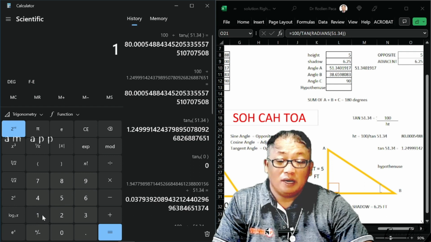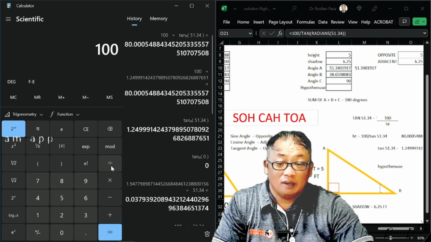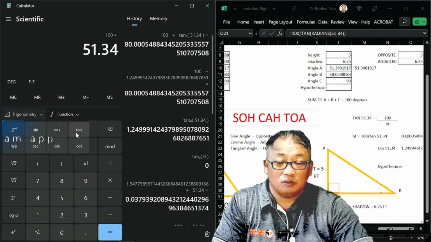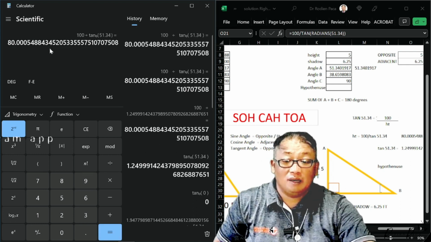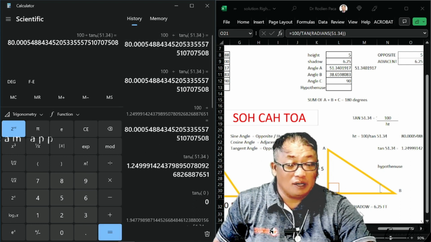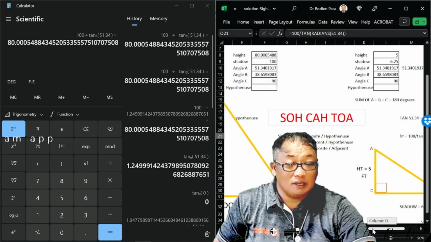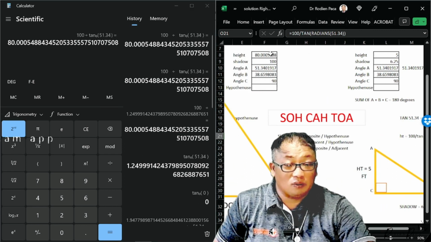So if you have 100 divided by 51.34, then you go to tangent, equals, you'll have 80. And your answer here in Excel is actually 80.